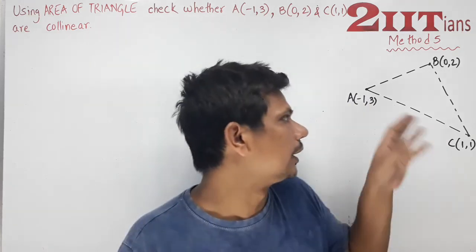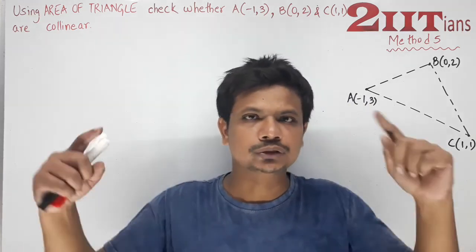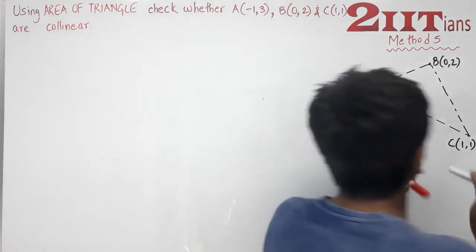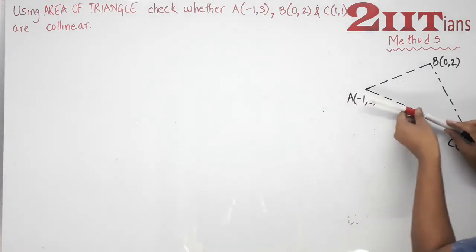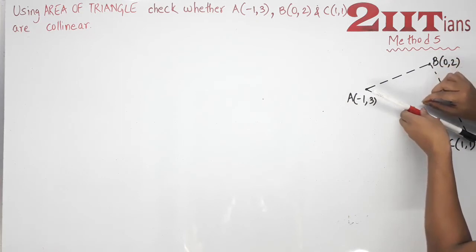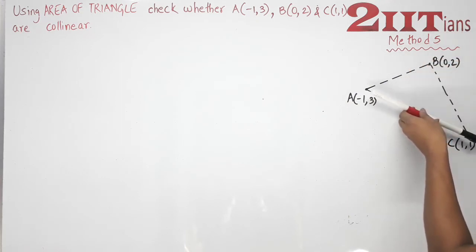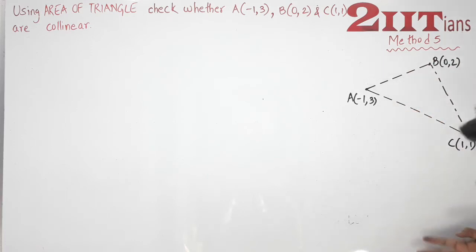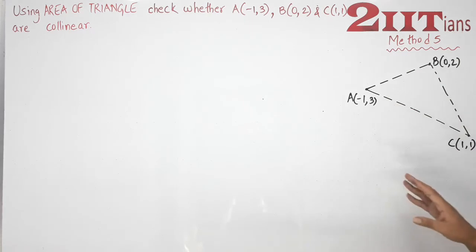Otherwise, if the area of the triangle comes out to be 0, there is no area. What will happen if there is no area? Then this point B will keep falling down until no triangle at all is formed and ABC form a straight line. So here the goal will be to prove that the area of the triangle is 0.